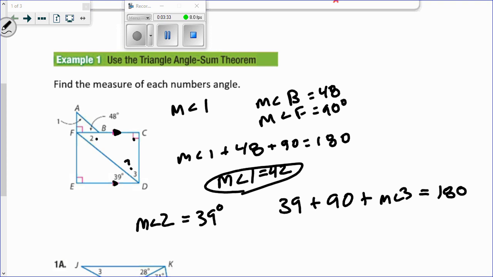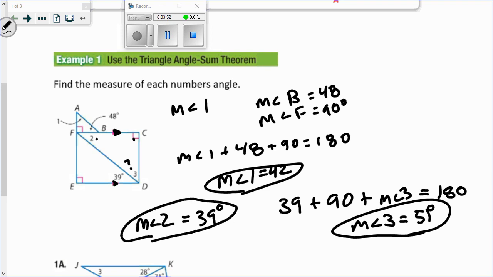Of course, now we're just 180 minus 39 minus 90. The measure of angle 3 should be 1. Okay, we've got 1, 2, and 3. We're done at this point. We get all three angle measures.